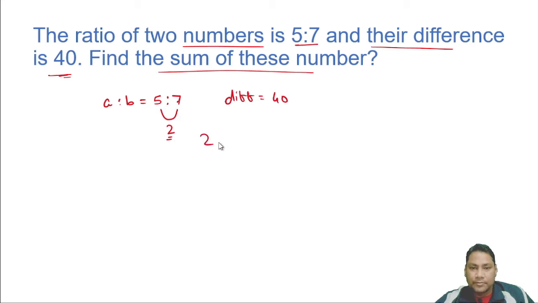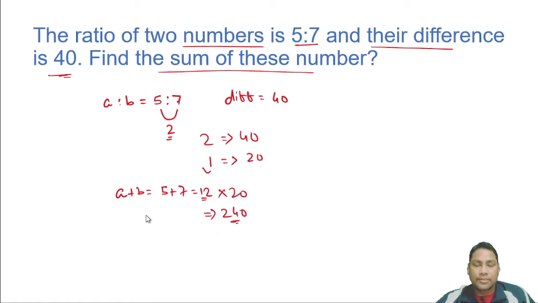So the value of 2 is 40, and the value of 1 will become 20. They have asked the sum of the numbers, that is A plus B. This will become 5 plus 7, 12. The value of 1 is 20, then the value of 12 will become 12 into 20, that is 240.